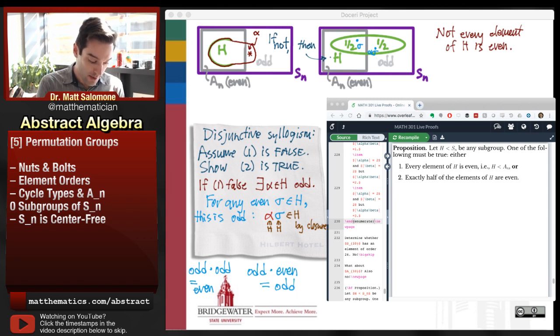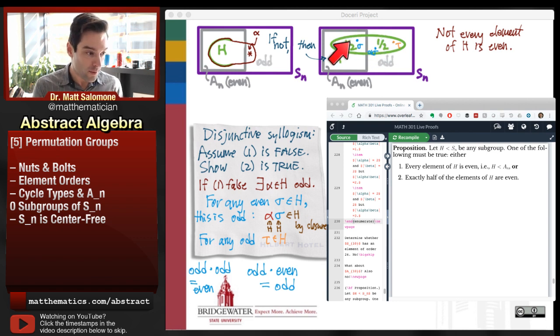We also know that for any odd permutation, so if you start out by giving me something odd, let me draw this in a new color here. Let's say I have tau. Tau is an odd permutation. How can I produce for you an even permutation?